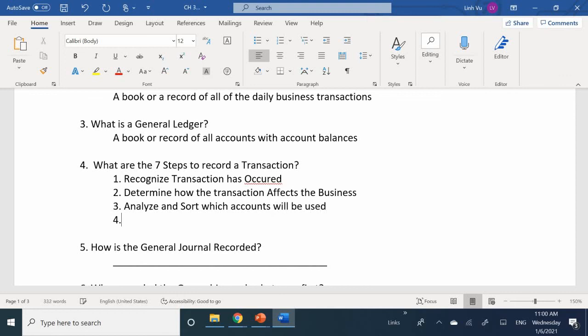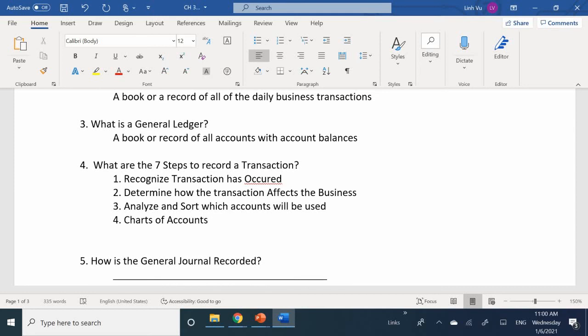Okay, and what else? What's step number 4? Use the business chart of accounts to determine which accounts exist and which ones you're going to be using. Good.